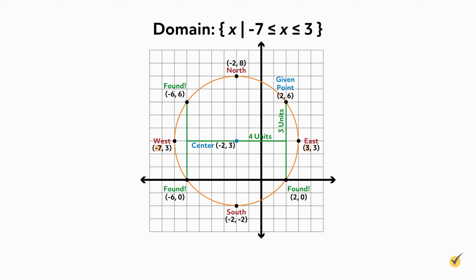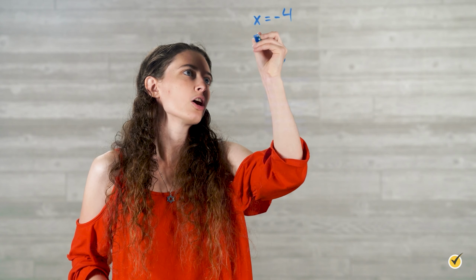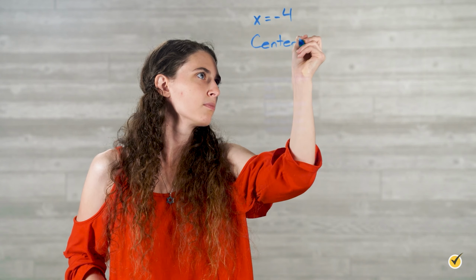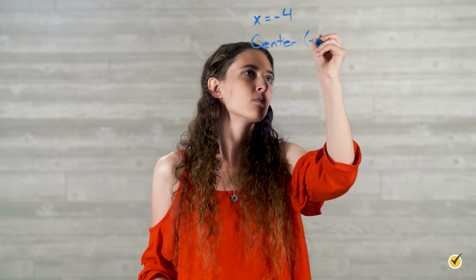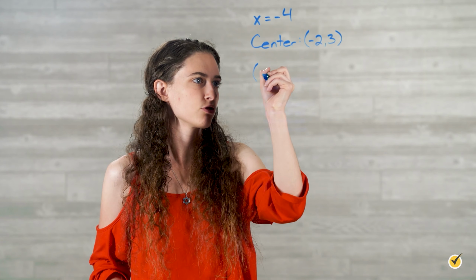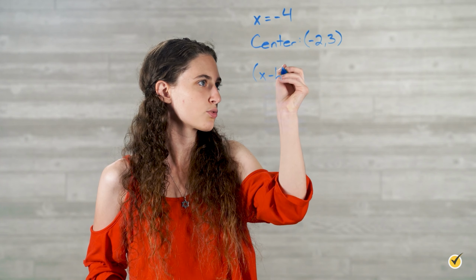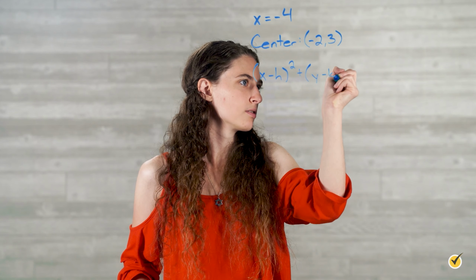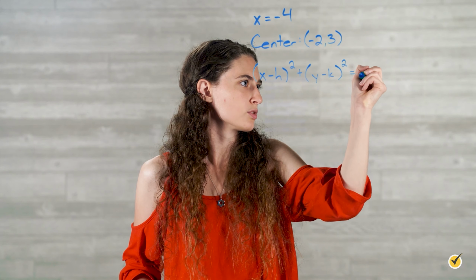Now all we have to do is plug that into our equation for this circle and solve for y. So we're using the x value -4. And remember, our center is at the point -2, 3. So now all we're going to do is plug that into our equation for the circle. So remember, that's x minus h squared plus y minus k squared equals r squared.